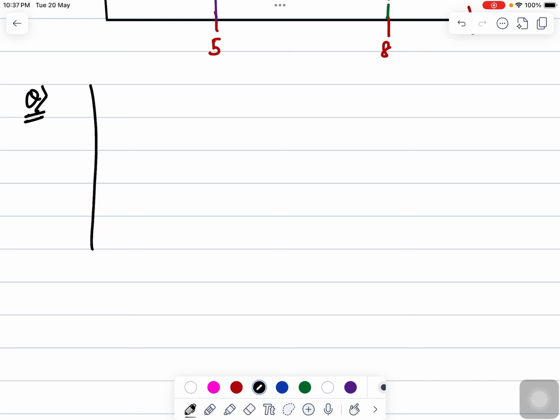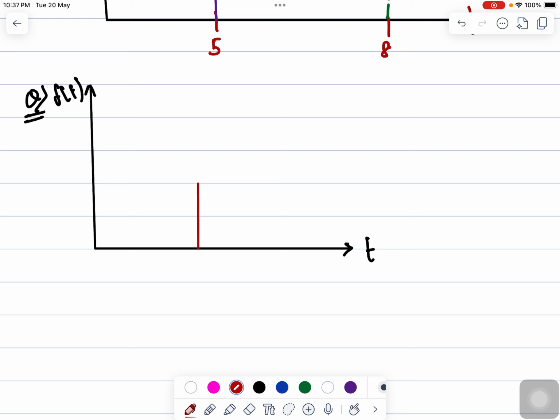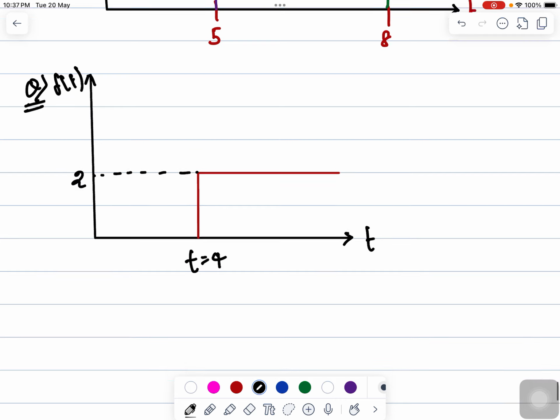So let's say we have this kind of function today. Let's say this one is your f(t) and this one is t. If I plot it something like that, and let's say this value of t is 4, and this value is 2, what will be the function?